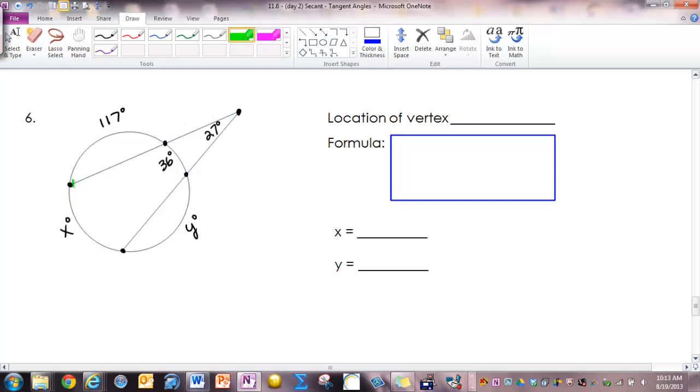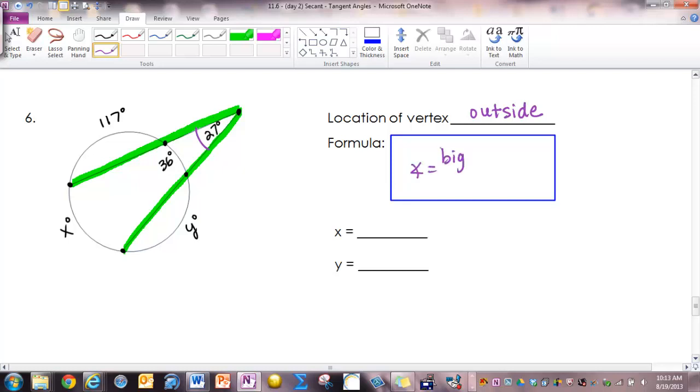Now in question 6, our angle is formed by two secants. Whenever this happens, our angle is going to be outside the circle. Whenever our angle is outside the circle, we use the formula angle equals big arc minus little arc divided by 2.